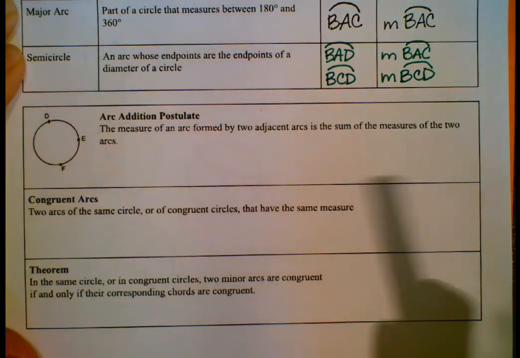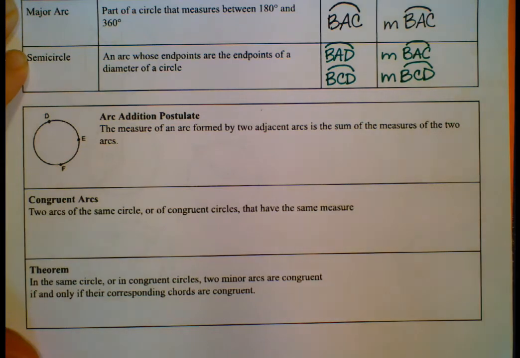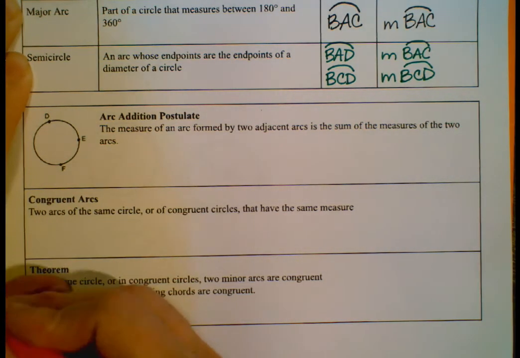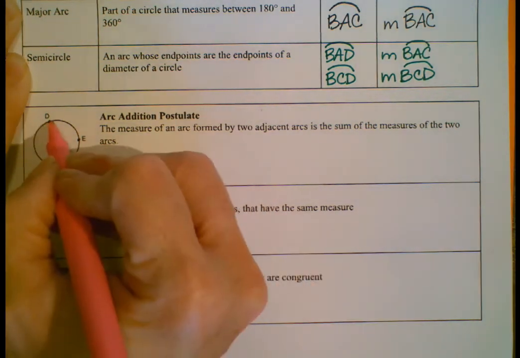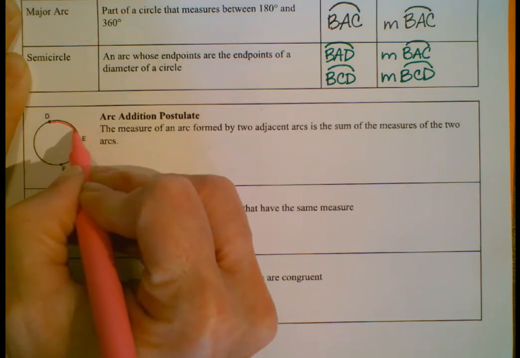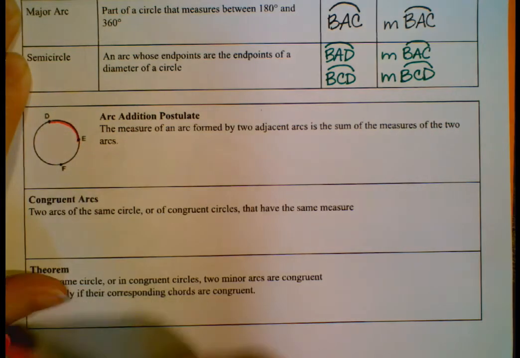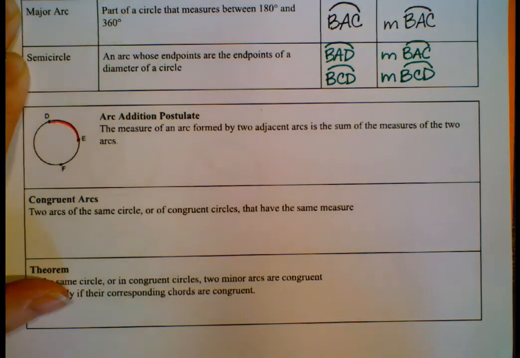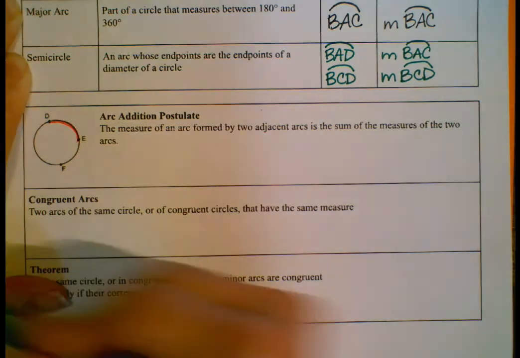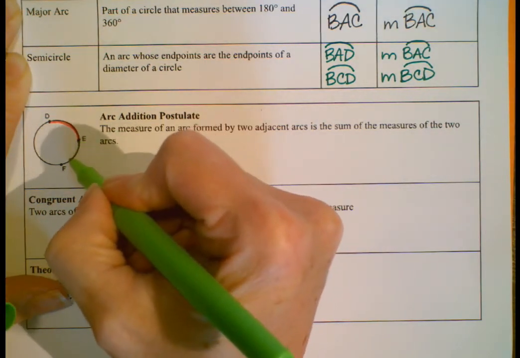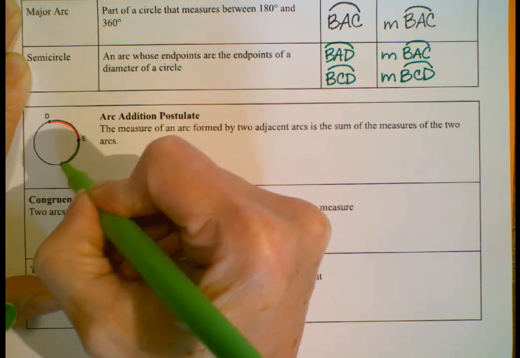All right, so in this case, we have a couple of arcs we can look at. We have an arc from D to E, and I can see there again visibly that that is less than 180 degrees in this particular case, so I'm going to name that like I would a minor arc. And I have an arc from E to F. I'm going to use that in a different color.